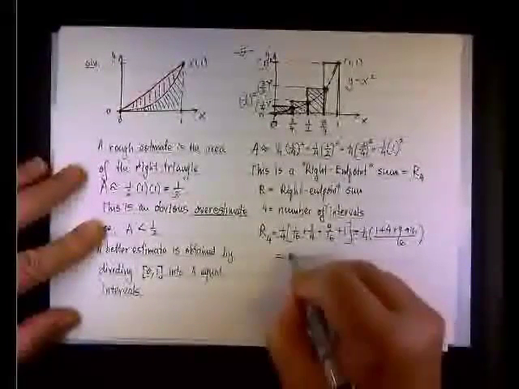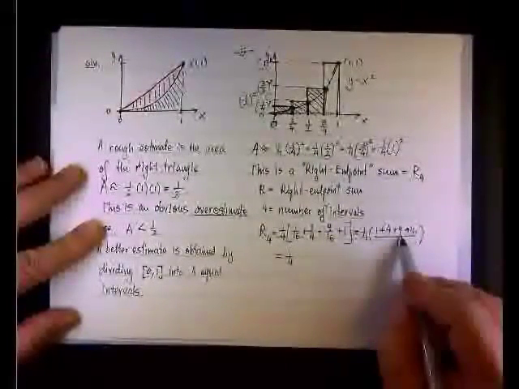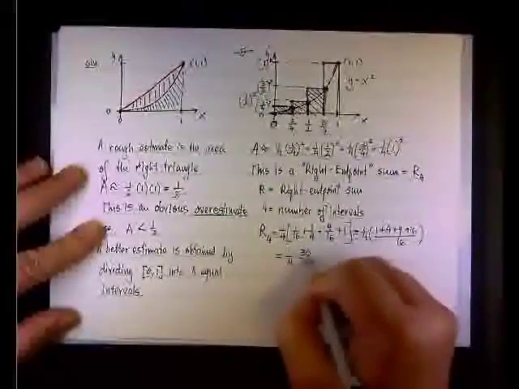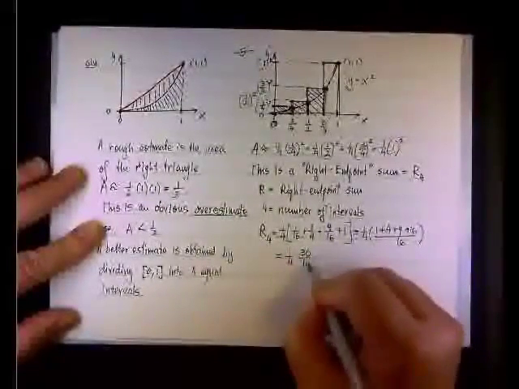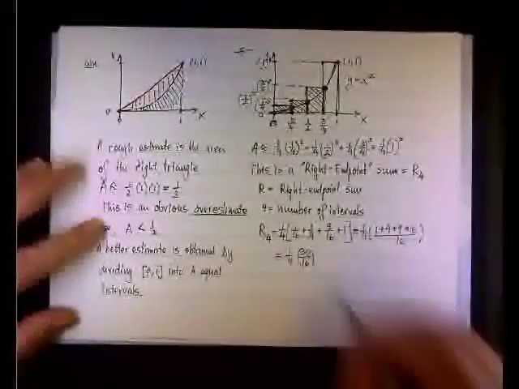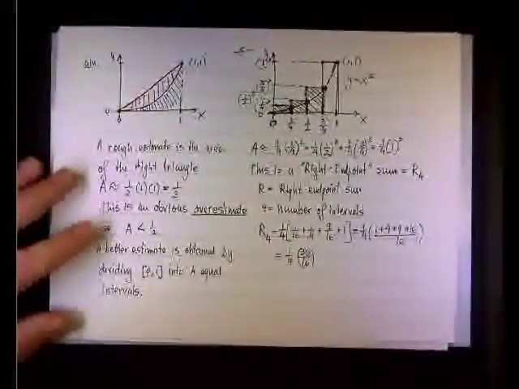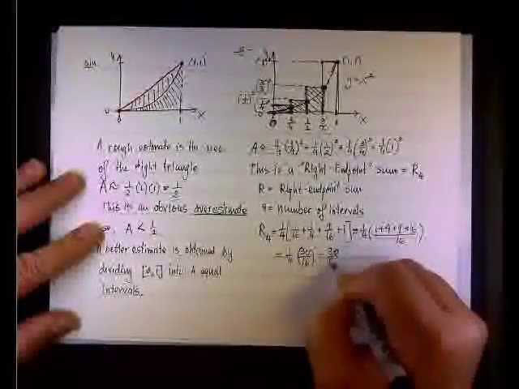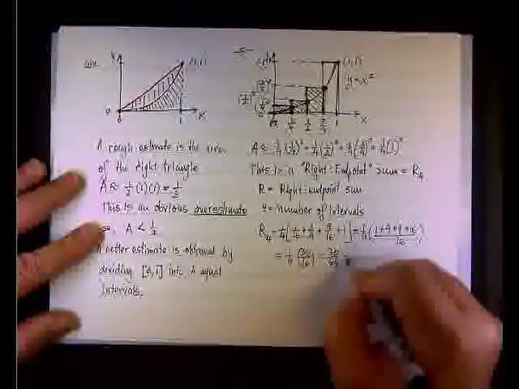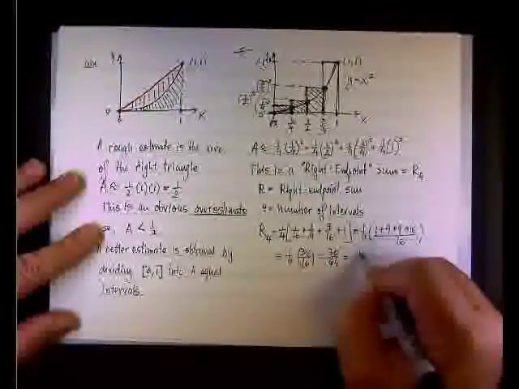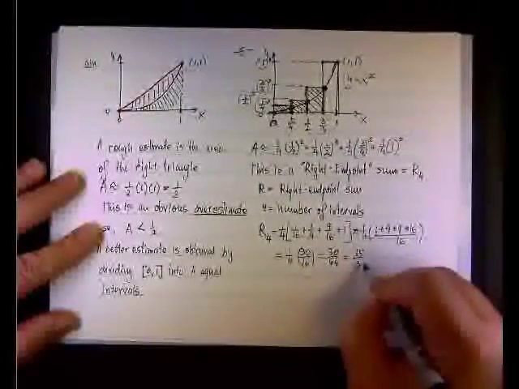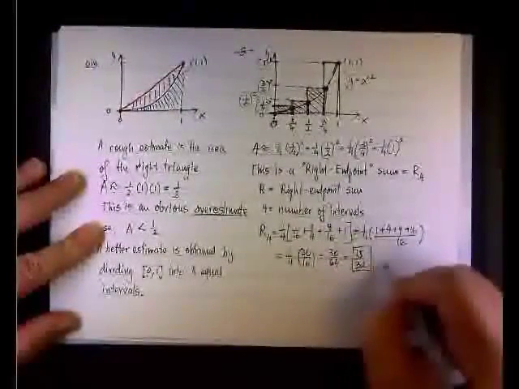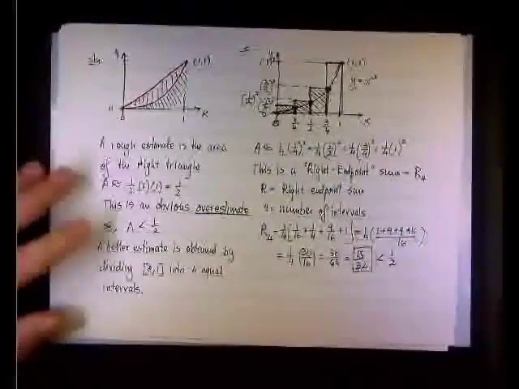Add this up, and you get 1/4 times, let's see, 16 and 9, 25, and 5 is 30, so it's 30/16, and we can write it as 30/64, or 15/32.